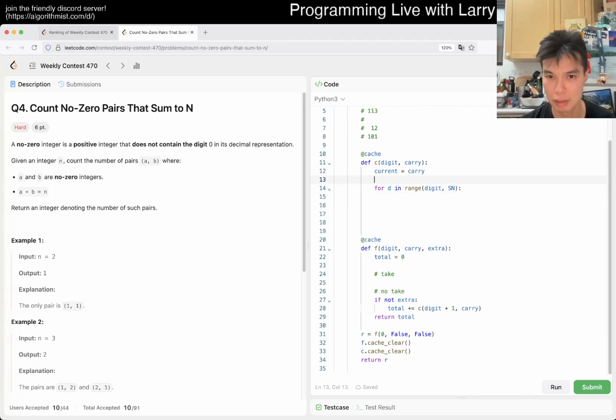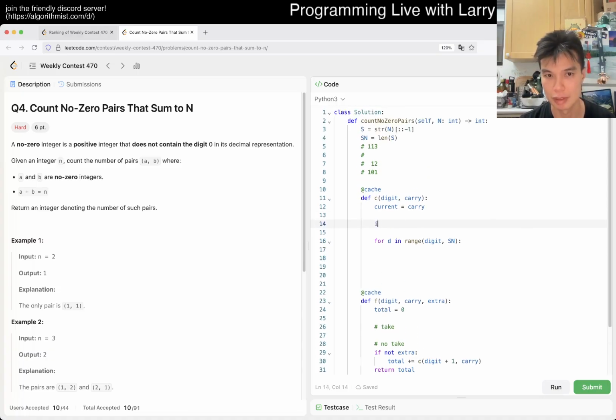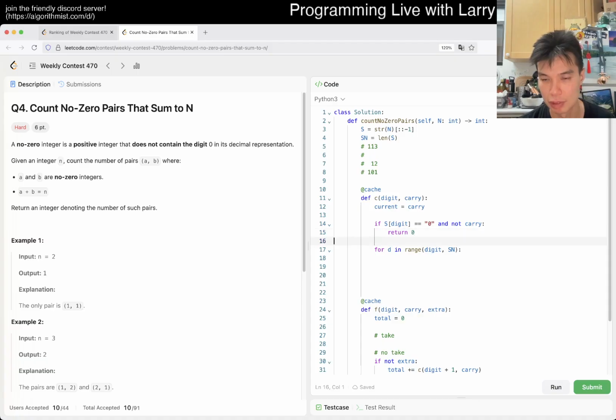Okay, so then now, if s of digit is equal to 0 and not carry, then we return 0.